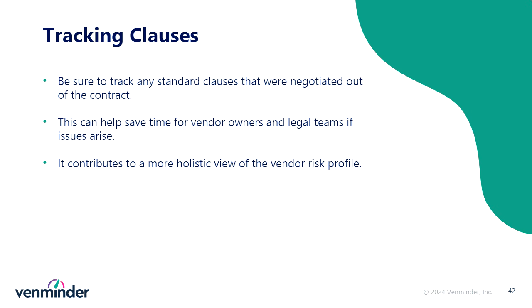This can certainly help save some time for the vendor owners and legal teams if legal issues do arise with that vendor. And also it contributes to a more holistic view of the vendor risk profile when you know exactly what terms you agreed to negotiate out that you would typically keep in.